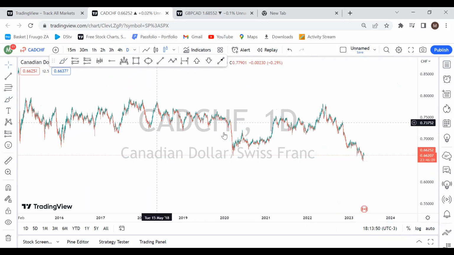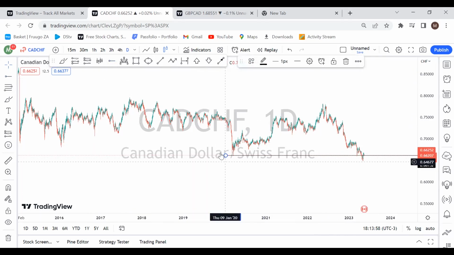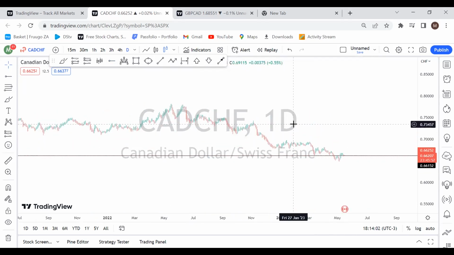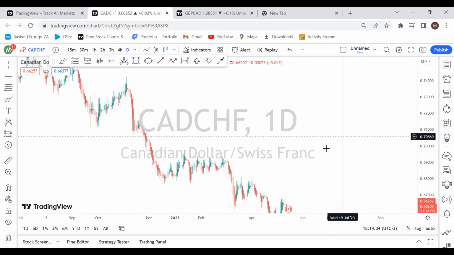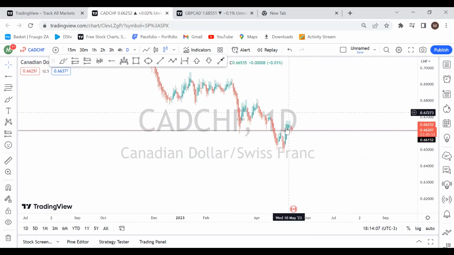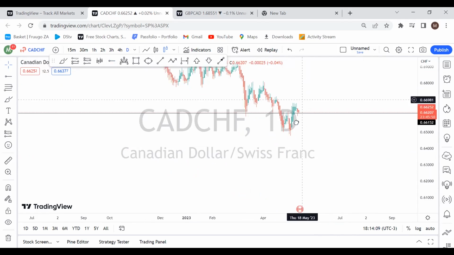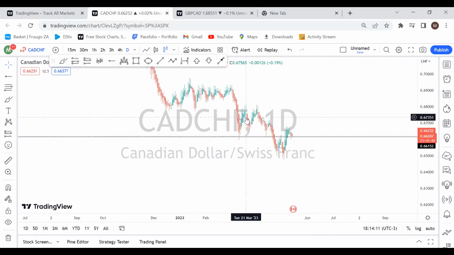As you can see in the daily, it's nothing really interesting, maybe apart from this point where you had your lowest low. It broke the lowest low right there, and it seems like it's going back inside to buy perhaps.